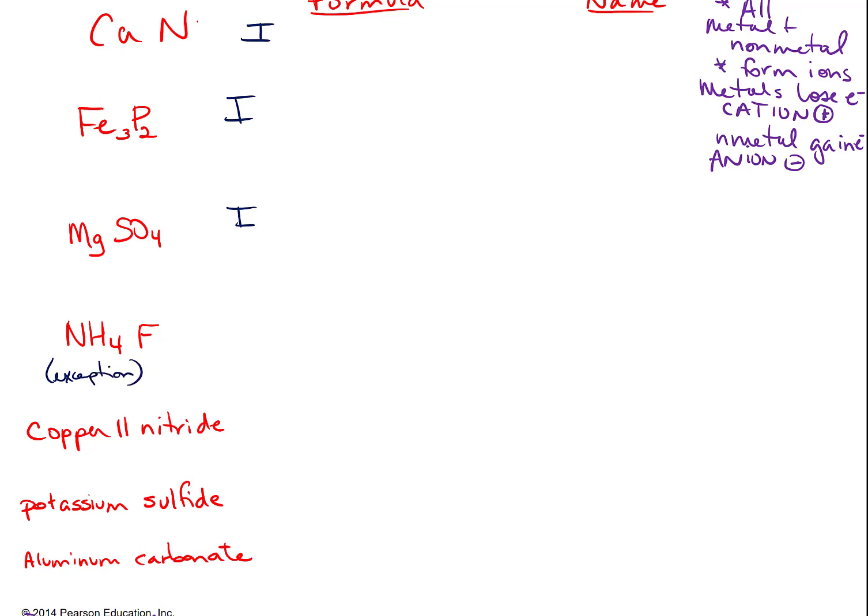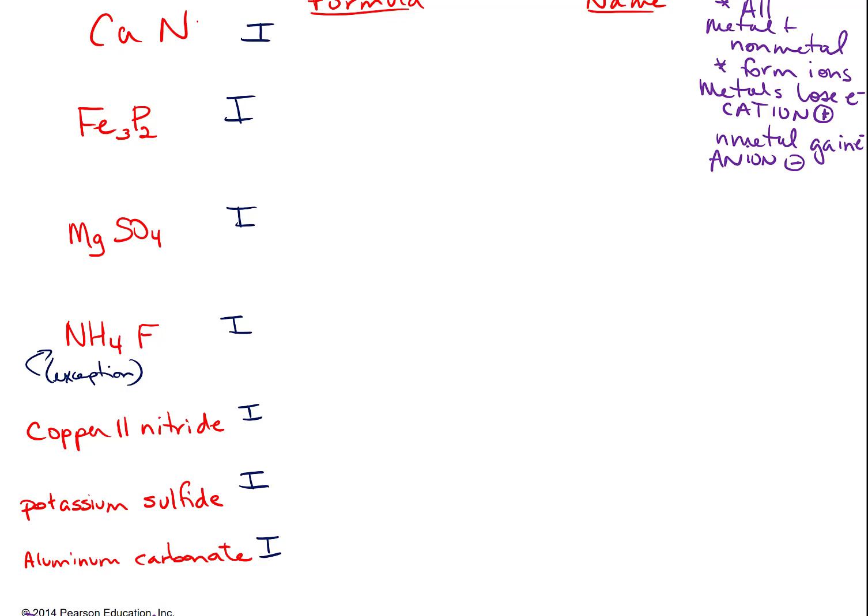And when you look, you're like nitrogen, well, that's a nonmetal. But NH4 is the ammonium ion. So this is an ionic compound. Copper, ionic. Potassium, ionic. Aluminum, ionic. So all of the elements except for that one exception, ionic because the metal is first in the list.